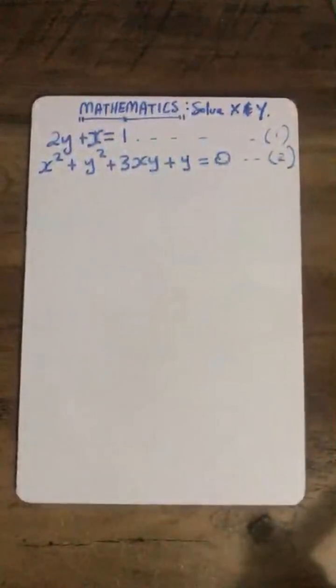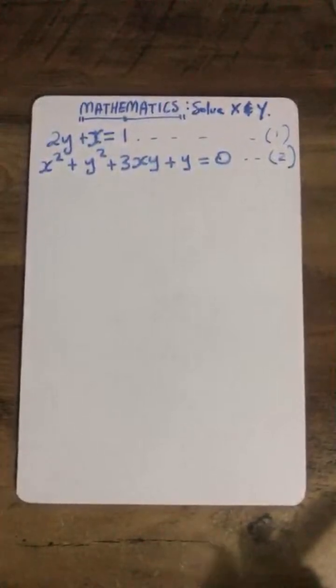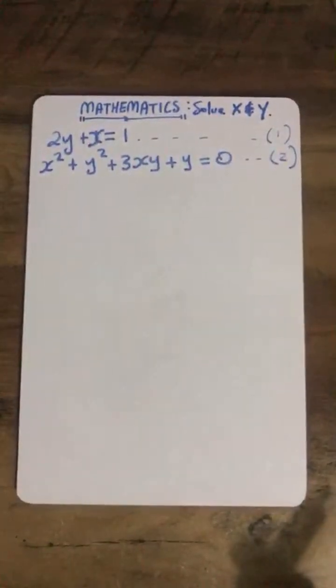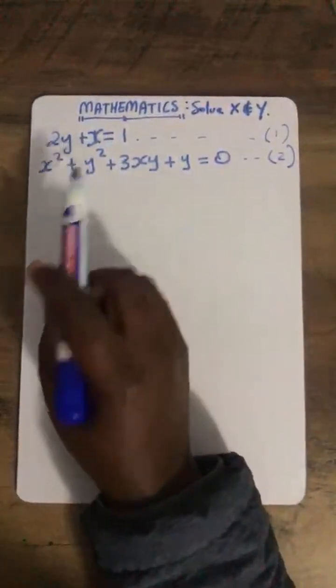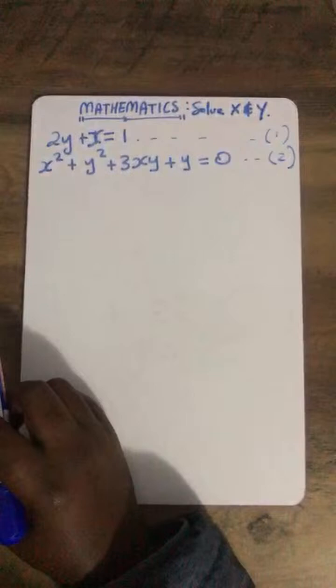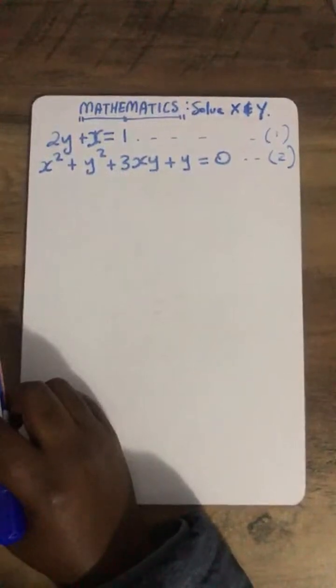Guys, I am begging you to also work it out on your side. If not, please just look at what I'm doing, just in case I make some mistakes, so you'll be able to notice them immediately. What we need to do is make either x or y the subject of the formula.